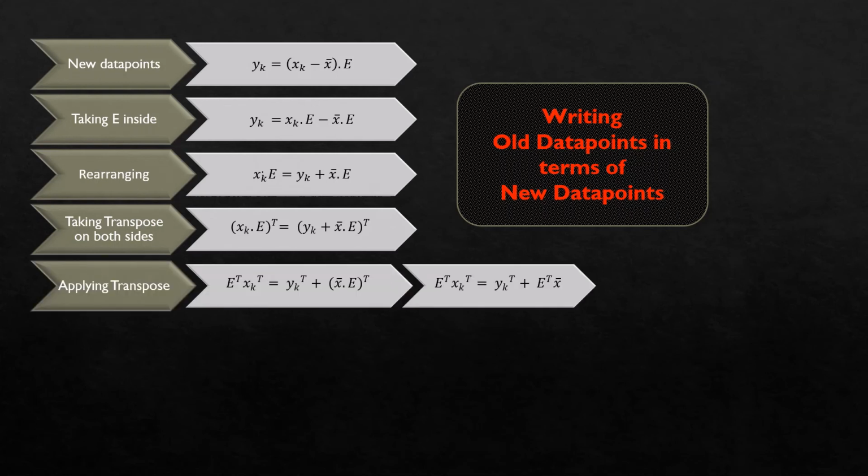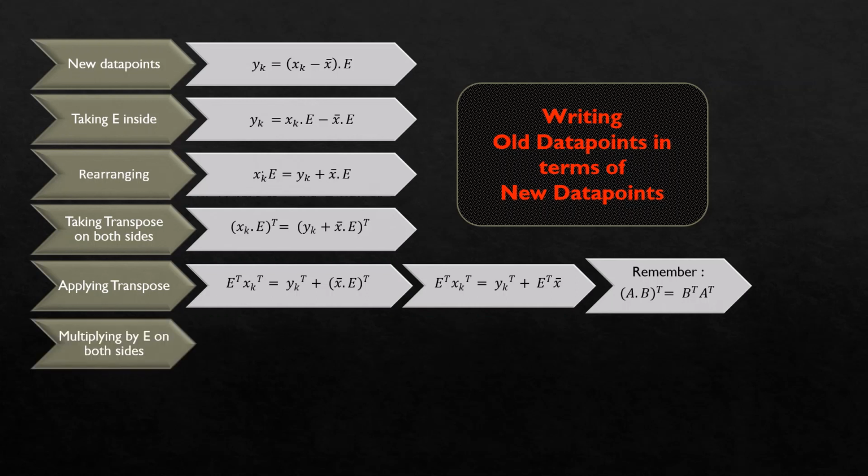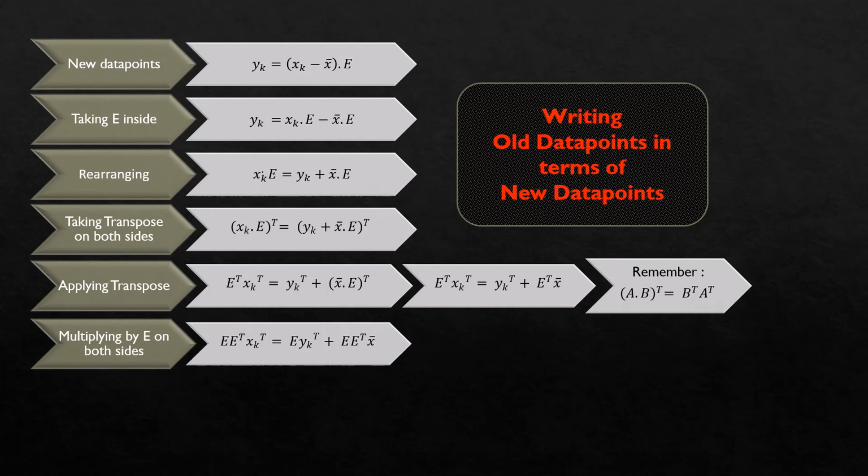When we apply the transpose inside, we already know that AB the whole transpose is equal to B transpose into A transpose. So, E transpose into xk transpose is equal to yk transpose plus E transpose into x bar. Multiplying by E on both the sides, to get the value of xk, we get E E transpose xk transpose is equal to E yk transpose plus E E transpose x bar.